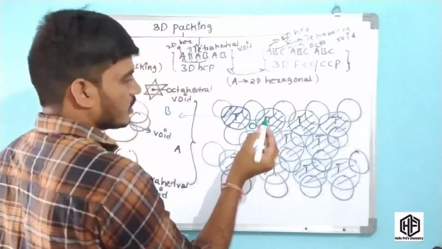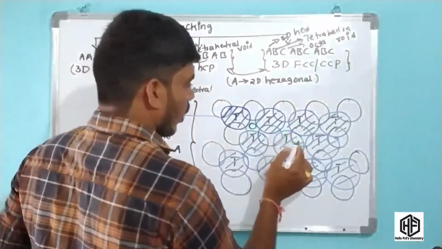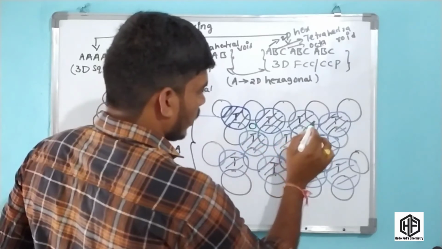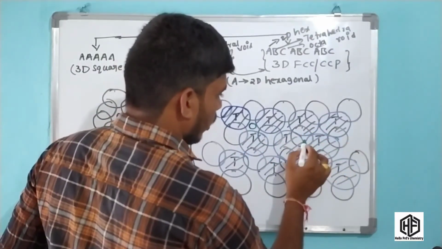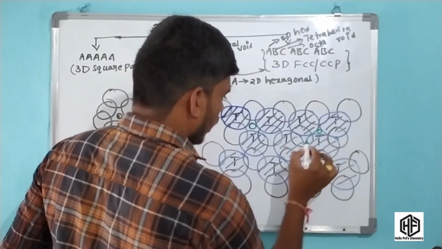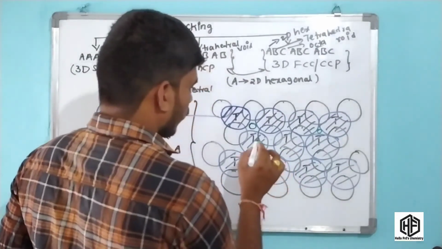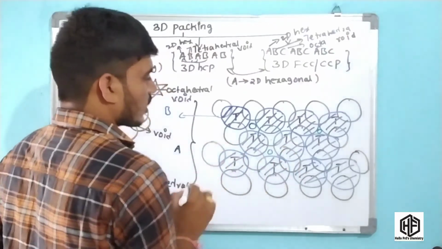The octahedral void is represented by this color. This is the octahedral void, and this is one more octahedral void, with 1, 2, 3 and 1, 2, 3. Okay friends, this is called an octahedral void.